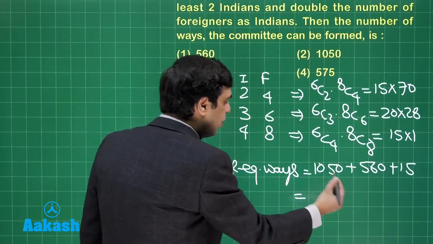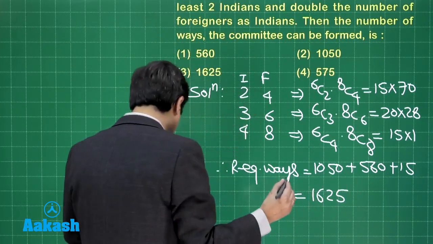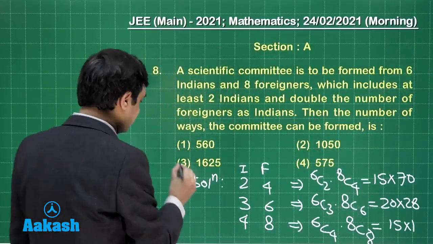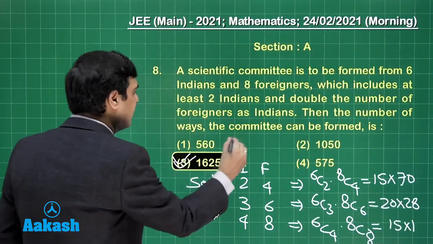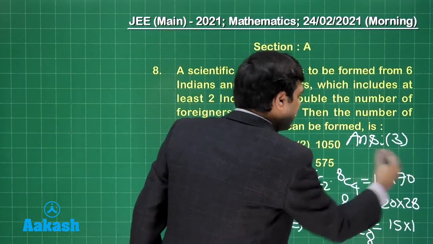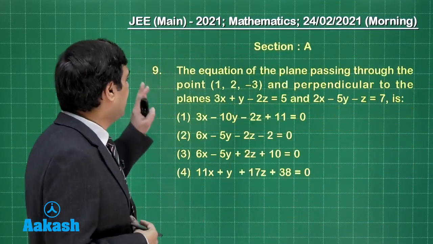Just adding up all, you simply observe this is 1625. Now time to see from the given options, 1625 is given here as option number 3. So let's mark and mention it as the required answer. I'm sure this question is also clear. Let's take up the next one, that is question number 9.